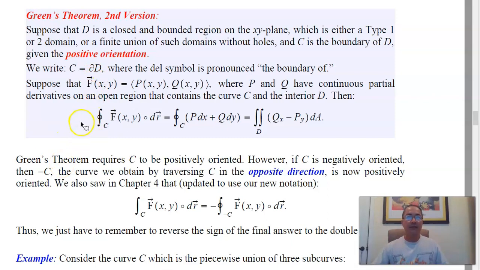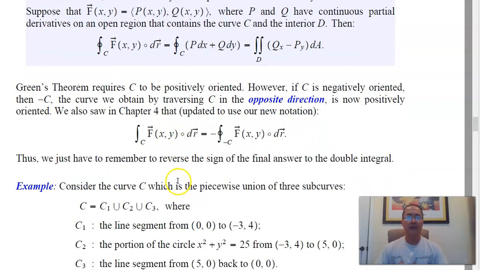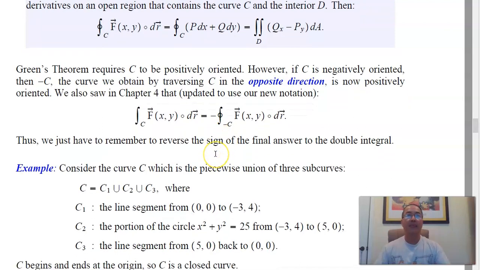The rest is the same: the contour integral around C of f dot dr is the double integral over D of qx minus py dA. We mentioned that if you were given a curve which is negatively oriented, don't worry, just take the positive orientation, and then what you want is the negative of that answer.